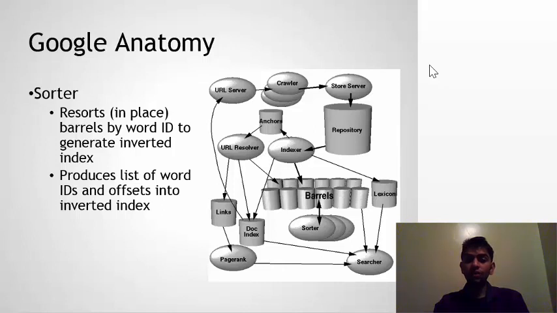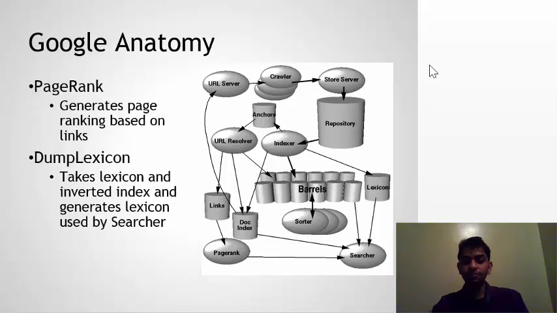The sorter generates the inverted index using doc IDs as the resorter. They also produce a list of words and word IDs and offsets into the inverted index.